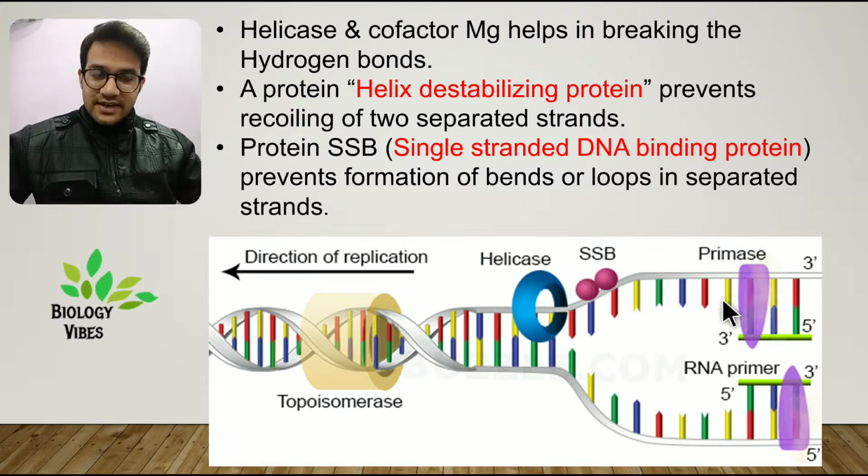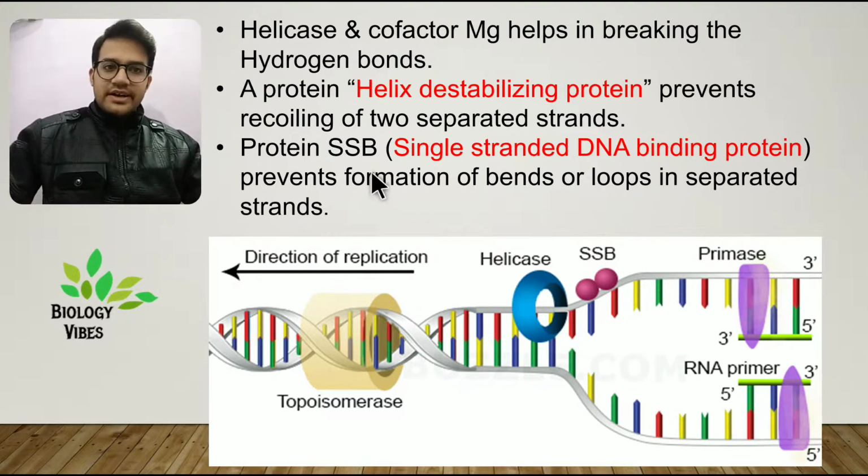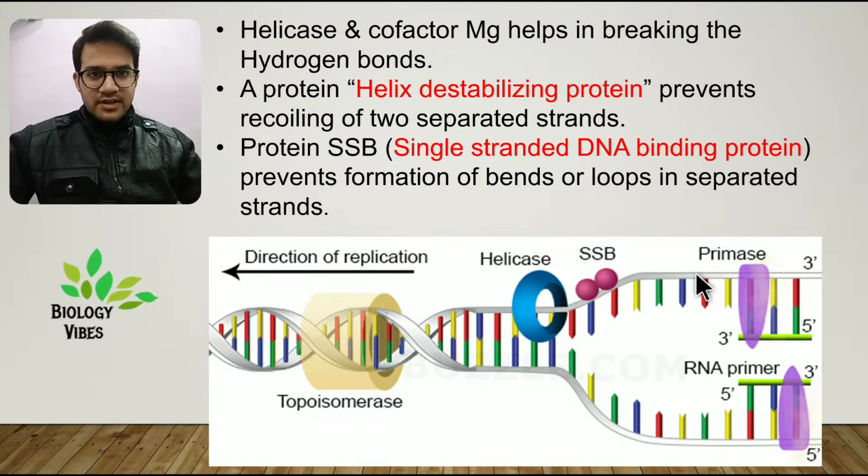Secondly, SSB protein, that is single stranded DNA binding protein, sticks to the single strand so that it's a bit stable, so that there are no bends or loops in this strand.